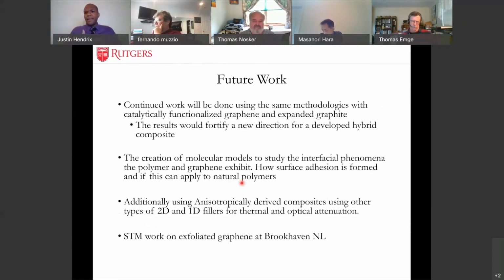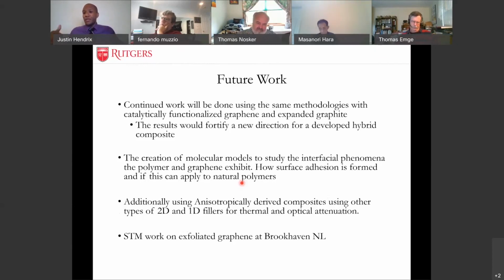The next thing I'm still working on is creating a model of the interface to understand how graphene on top of a polymer, what type of structural effects are actually occurring, mimicking some of the things that we saw in our TEM results, as well as in the other electron microscopy images.